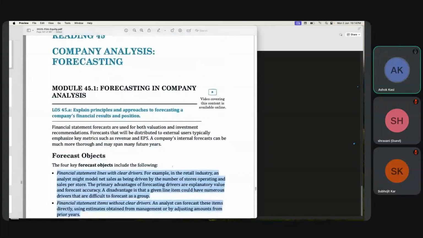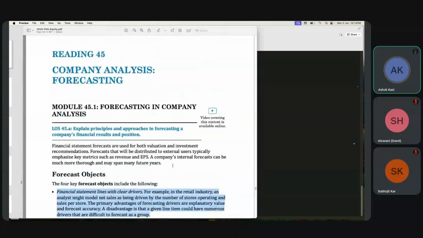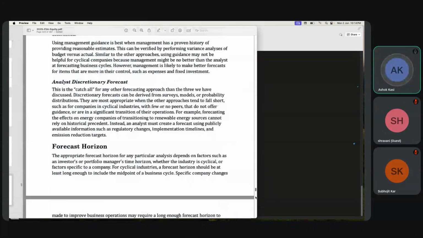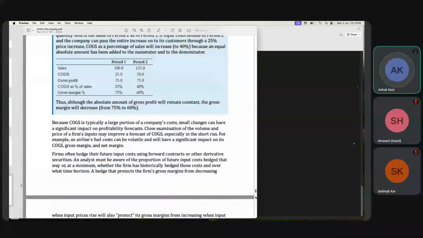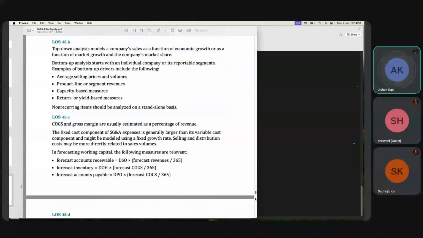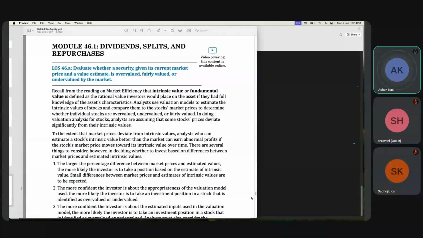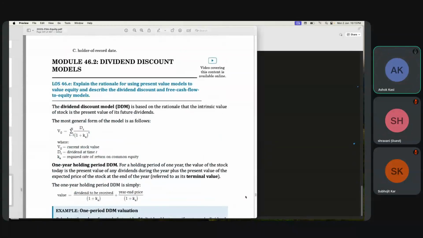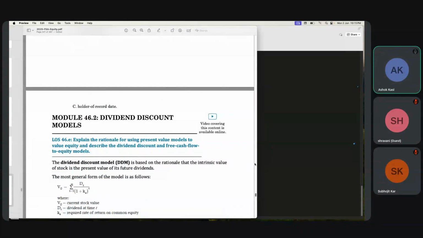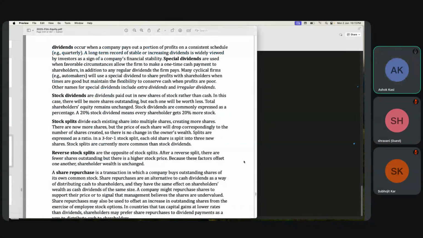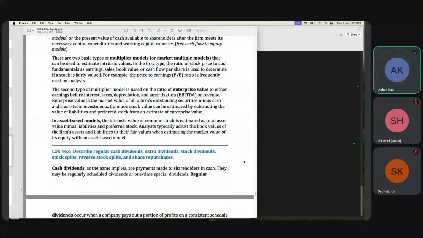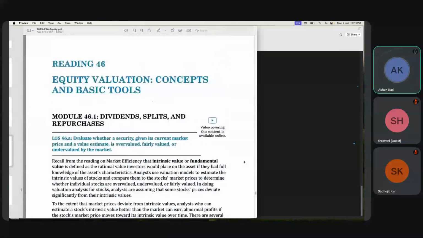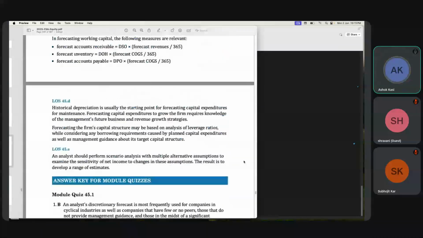This is 45. Yeah. So after 46 onwards, it is all sums. It will be interesting.